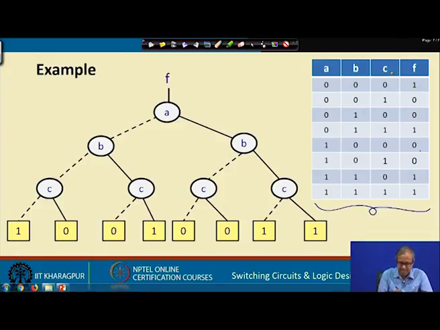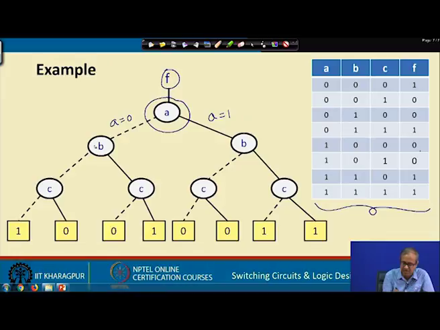This is a classic binary decision diagram where the root node is on top, and the root indicates the function f. I have two paths, left and right. So, A has a low child and a high child. This corresponds to A equal to 0, this corresponds to A equal to 1.